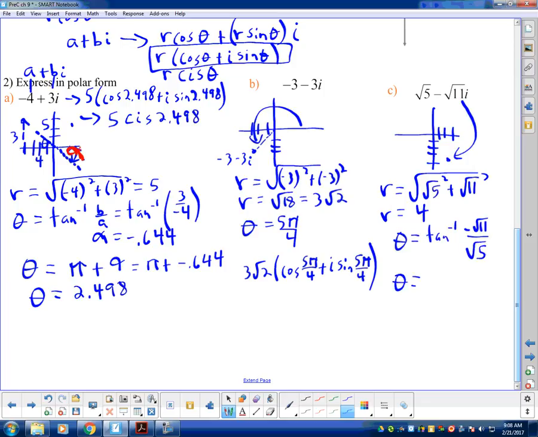That's not one of the angles we know in the unit circle. So you plug it into your calculator. If you plug in inverse tangent of negative root 11 over root 5, let me know what you get here. It's going to be something in the 4th quadrant. You'll get a negative angle, in radians, so if you're in radian mode.